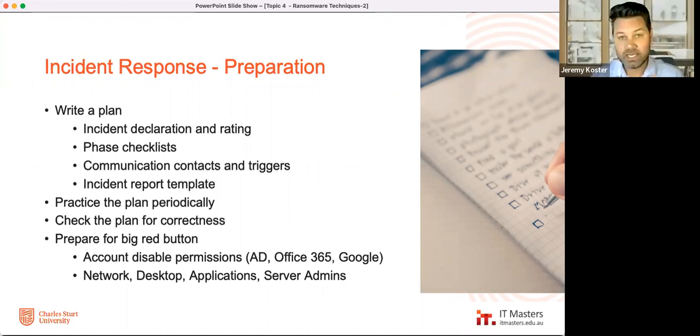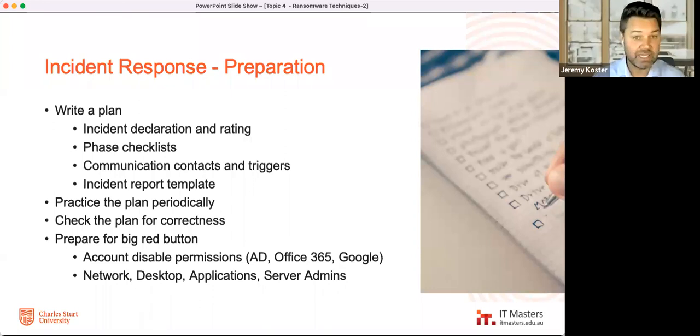So you can get to stages where you've gone past containment, you're into eradication, and the actual risk of the incident is reducing a bit. And then we have these phased checklists, right? So every time you go from one phase to the next, so you go from identification to containment to eradication, you should have a checklist there to say, well, when we get to identification, have we figured out what assets are involved, what is the scope, what is the type of incident, are we sure it's malicious, what's the intent?